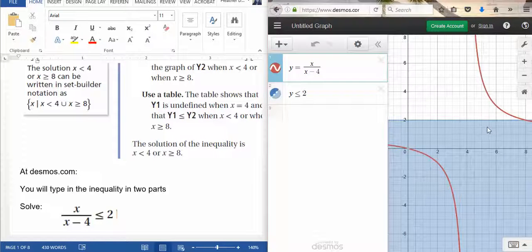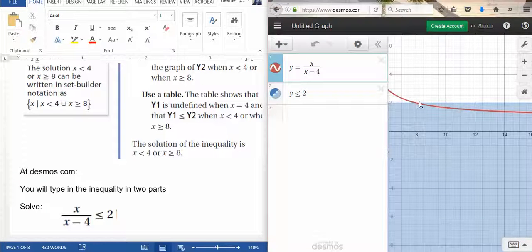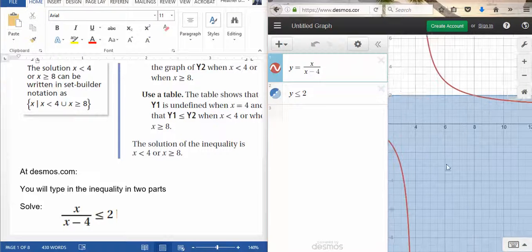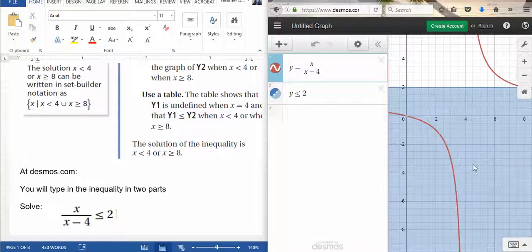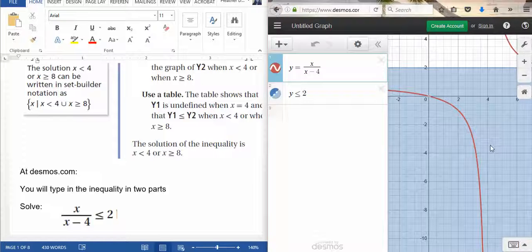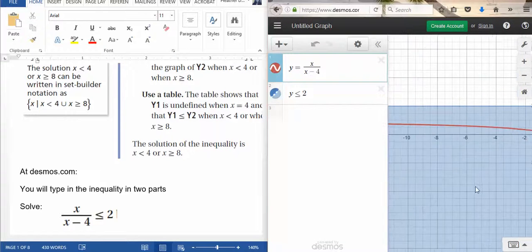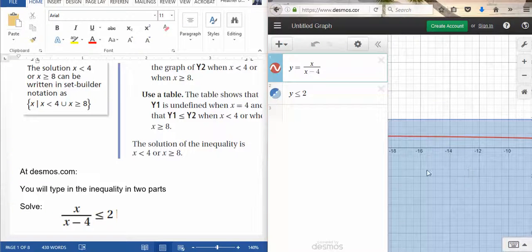The line 2 is this dark blue line right here. So it's only going to work when x is greater than or equal to 8. You can see that from the graph. Or over here, when x is, well, it certainly has to be less than 4 because that's an asymptote. And is there any limit on this side? It doesn't look like it.